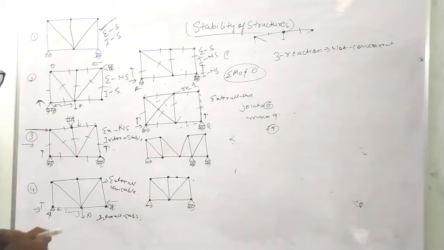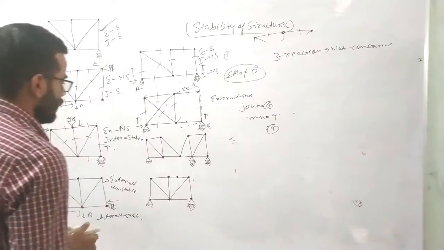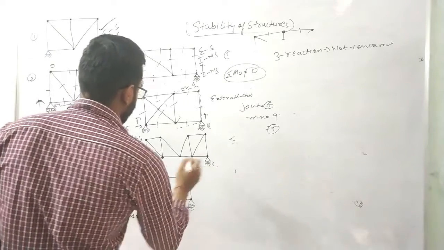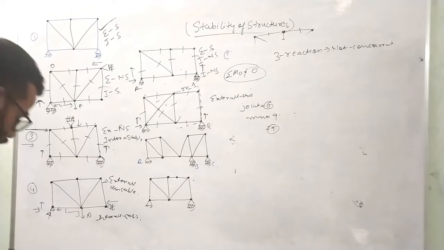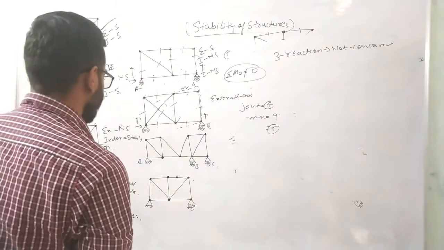Now let us come to this problem. This is a good problem. In this problem, we have three supports A, B, C. Let us check whether this is stable or not. This is a very good question. We'll simply check the reaction forces.